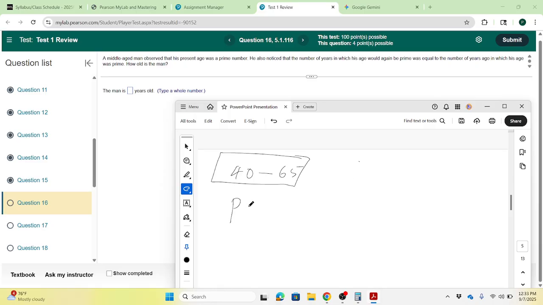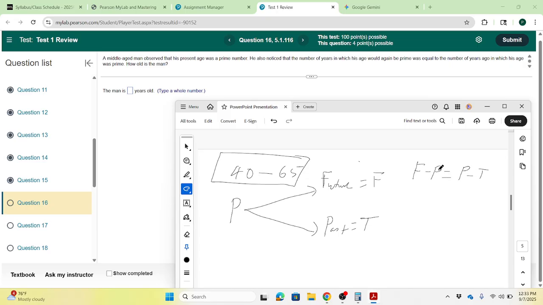So the difference between his future age and past age, both of them are prime. Let's say this is F and, because I already used P here, let's say T for the past. The difference, future minus present and present minus past, are the same.